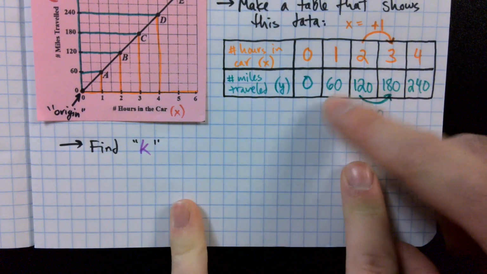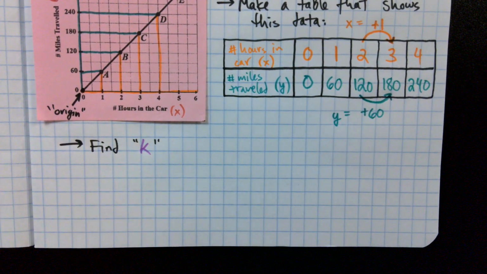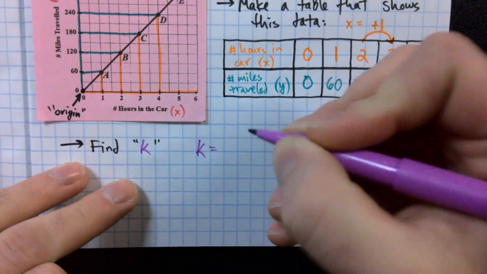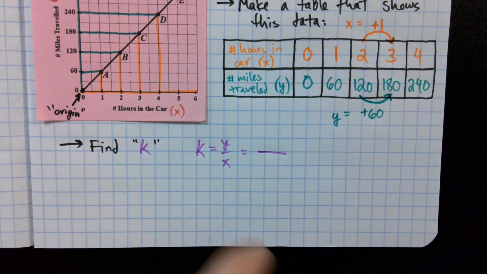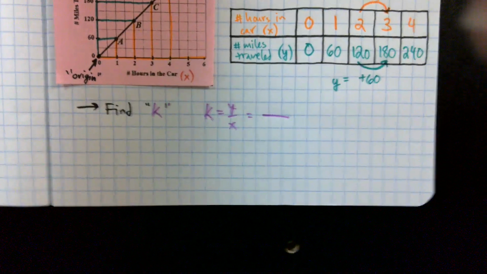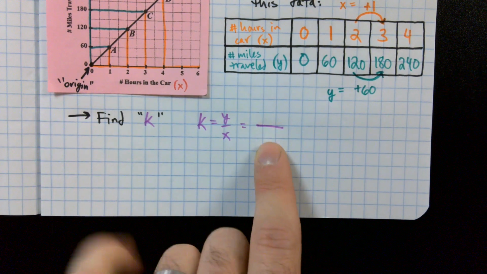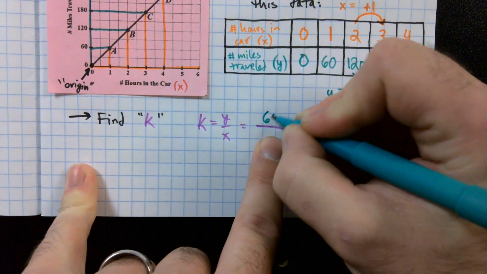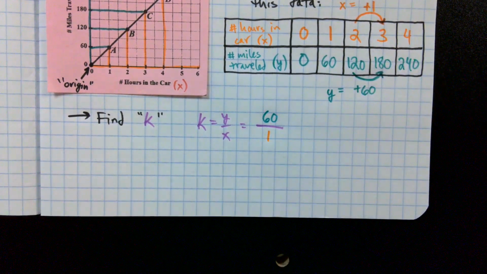Which is what Zach said earlier. You're going 60 miles per hour. And that's what K is going to represent, okay? So we know that K is equal to Y over X, right? Because it's the ratio of Y's to X's. So for Y, we're going to plug in the number 60. For X, we're going to plug in the number 1.